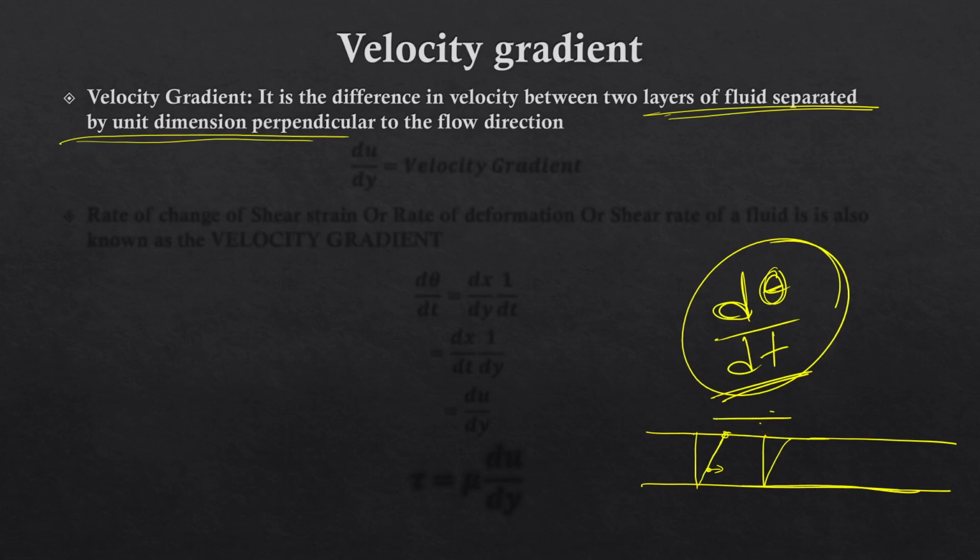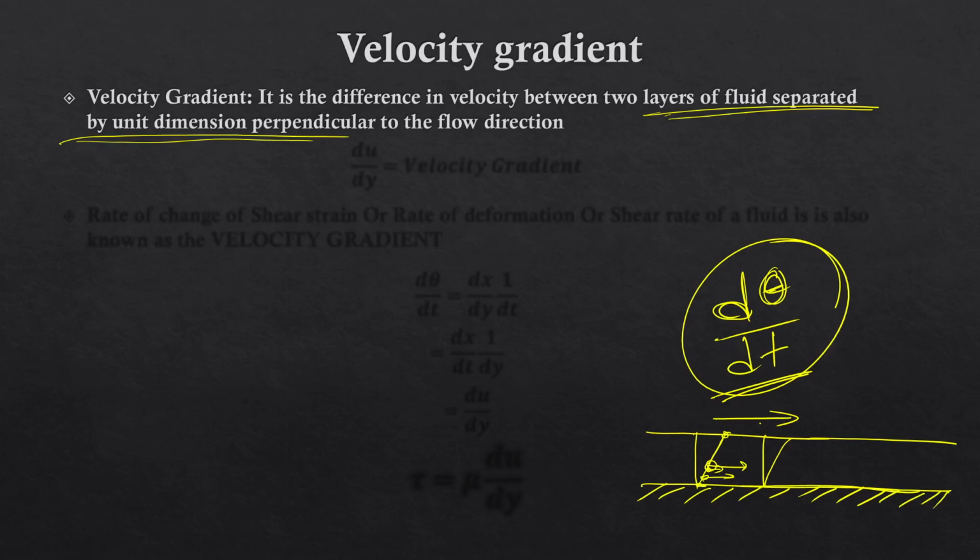Obviously these particles are moving at a higher velocity than particles below them, and so on. And this particle which is in contact with the floor or the solid boundary is not moving at all.